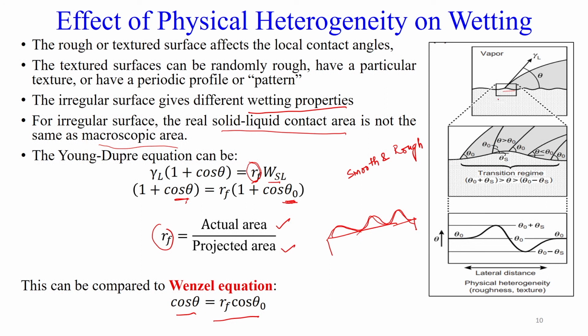Then if you come to the same level of surface, it will again be theta 0. So, we are going to have a lot of transitions in the contact angle because of these textured surfaces. It may have a randomly rough, a particular texture, a periodic profile, or a particular pattern.